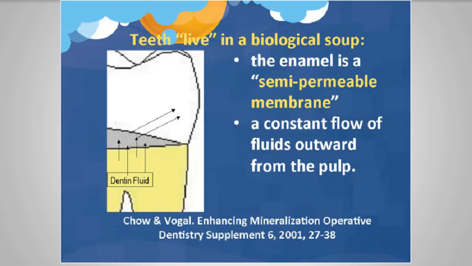And Chow and Vogel back in 2001 showed us that the enamel is actually a semi-permeable membrane with a constant flow of fluids outward from the pulp. These fluids will help to combat the acidic activities that go on. And in fact, it's also been shown in some aspects that the teeth can actually kind of sweat. And that's an interesting concept that is very, very remarkable.